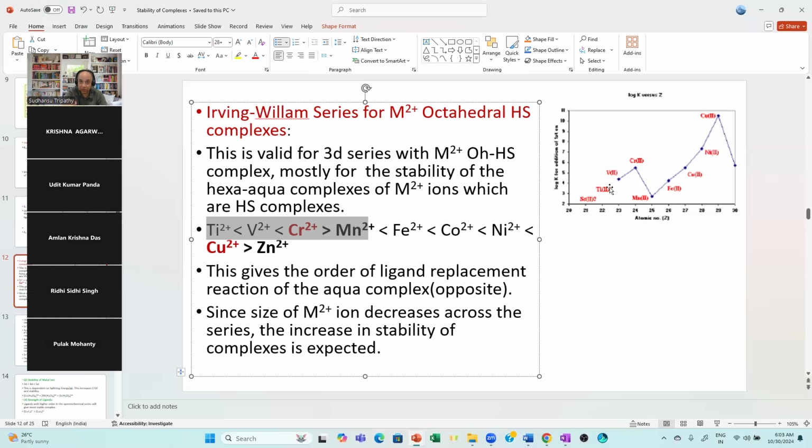As we have calculated today, for the d6 configuration, high spin complex, the graph falls to the minimum point, numerically highest, meaning the most stable complex. It has d3, and then again increases.